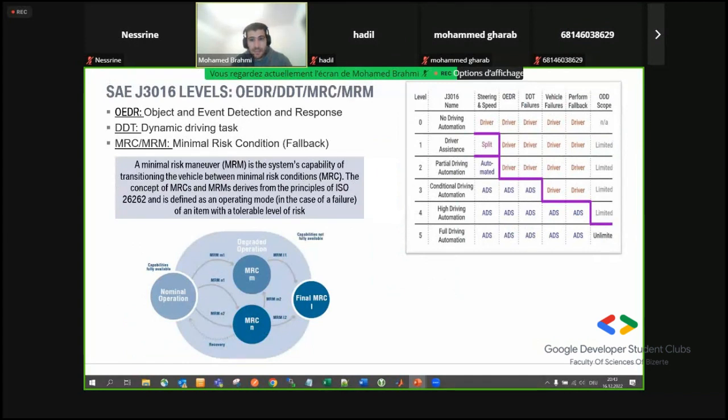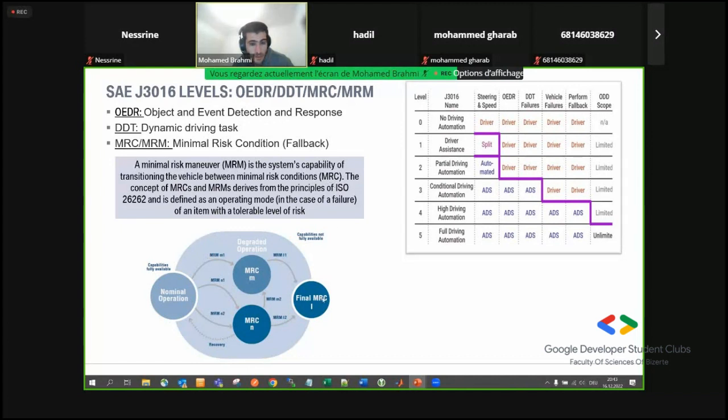This explains the whole thing again. I don't want to go too much into details here, but it's just showing the same thing which we have seen in a different way. Which tasks are taken over by the driver or by the car, and which ones are split. By the way, what we have talked about before, bringing the car into a safe state, is here defined by the minimum risk maneuver and minimum risk conditions.